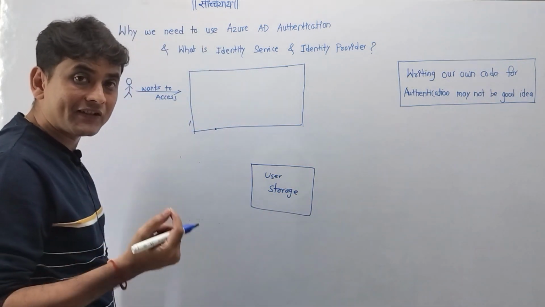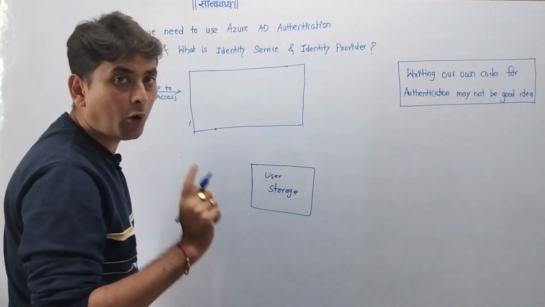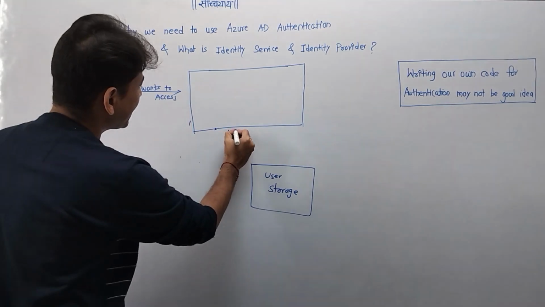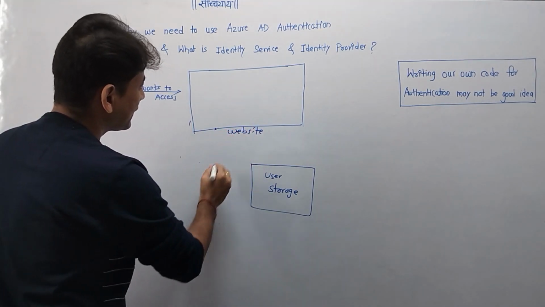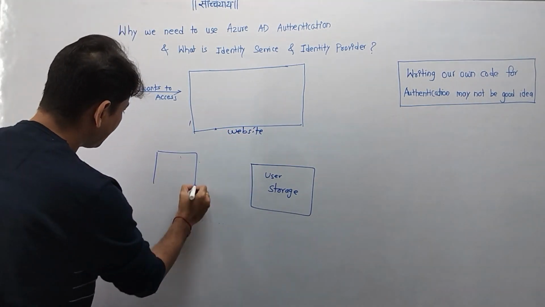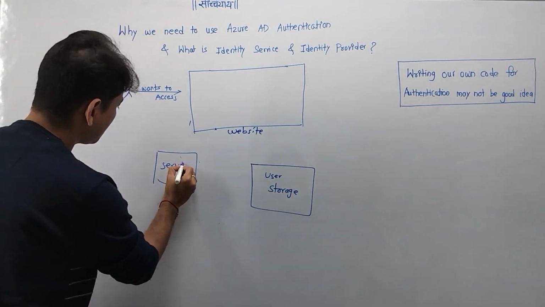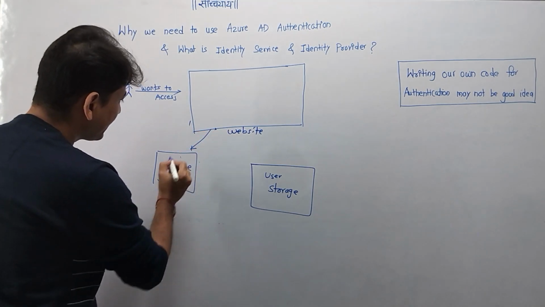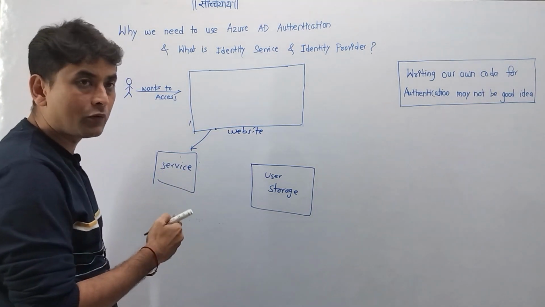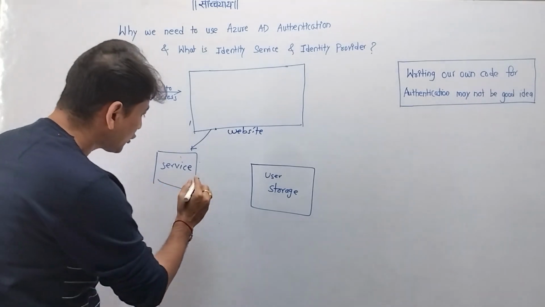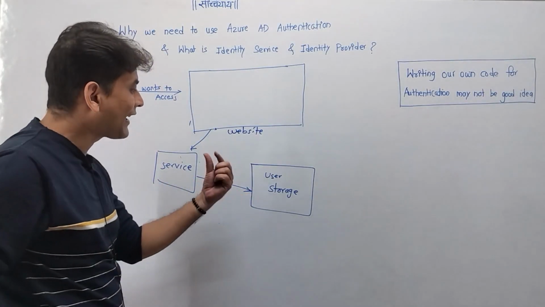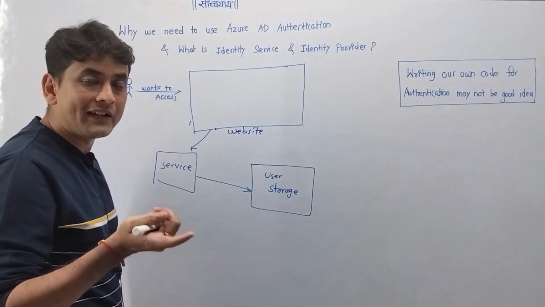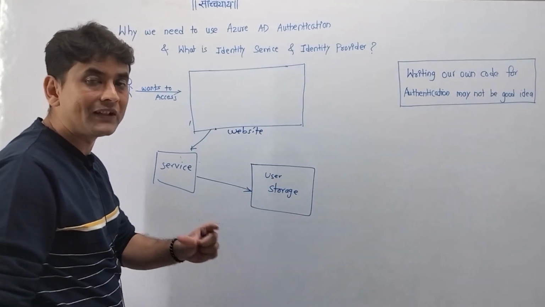And then there is a service which actually performs this work of authentication. So what that service will do is, it will take the request from this website. So again, this is our website. So let's say this is our service. So this service will take the request from this website, and of course it needs to check whether that user is authenticated or not. So it will go to this user store and it will cross check the user's credentials, and it will verify if that is actually an authenticated user or not.